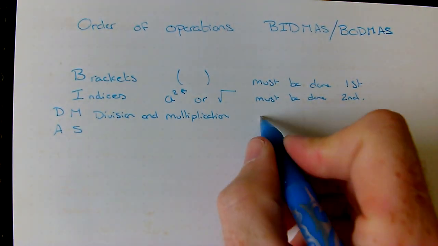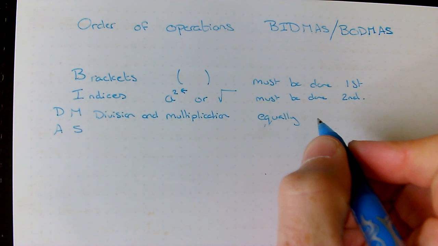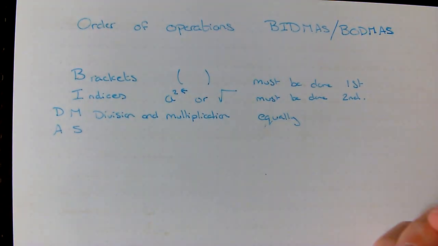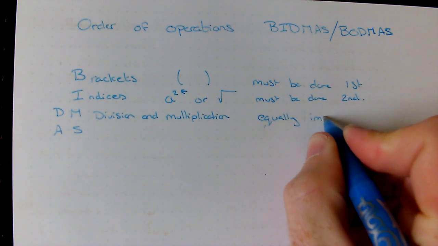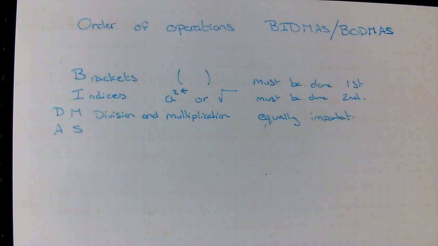Okay, division and multiplication, equally important, and what that means is if we see them side by side, we're just going to do them left to right. It doesn't actually matter which order that we do them in, we get to the same answer anyway. But I would do them, if there's only division and multiplication left, do them left to right. It just makes your life a little bit easier.